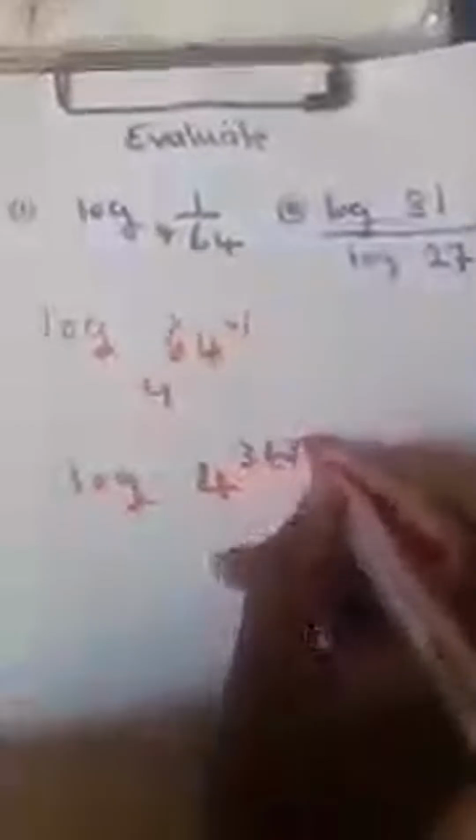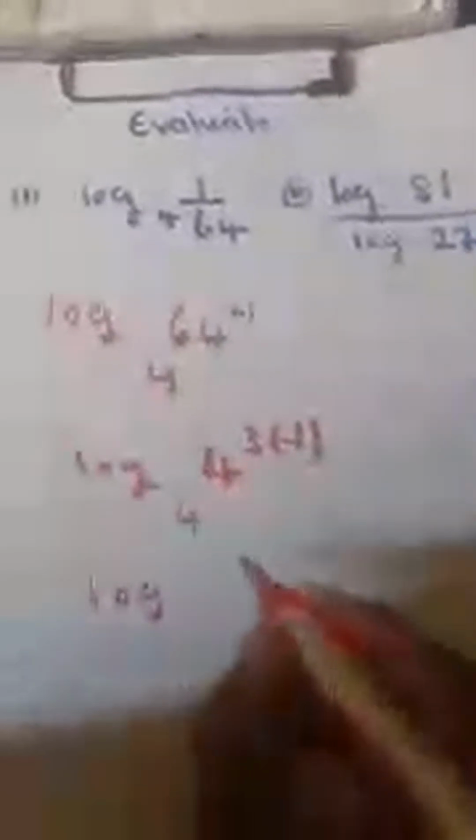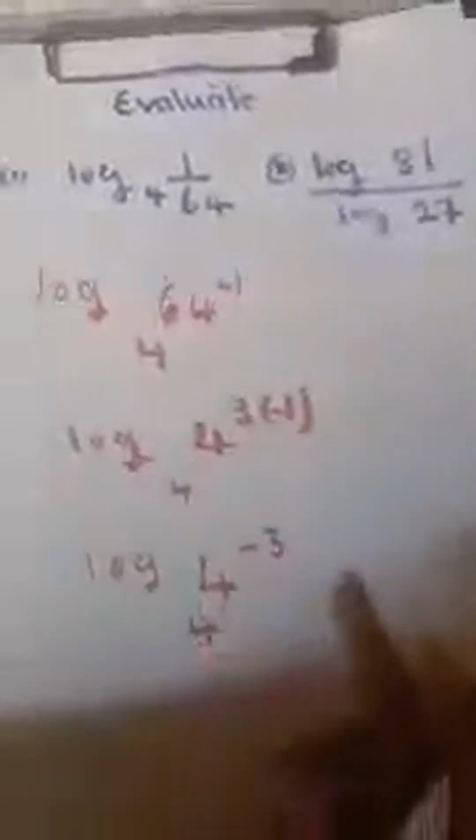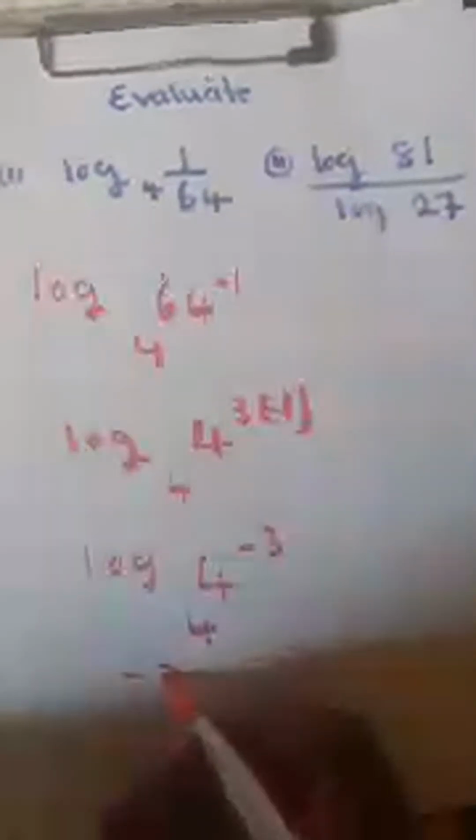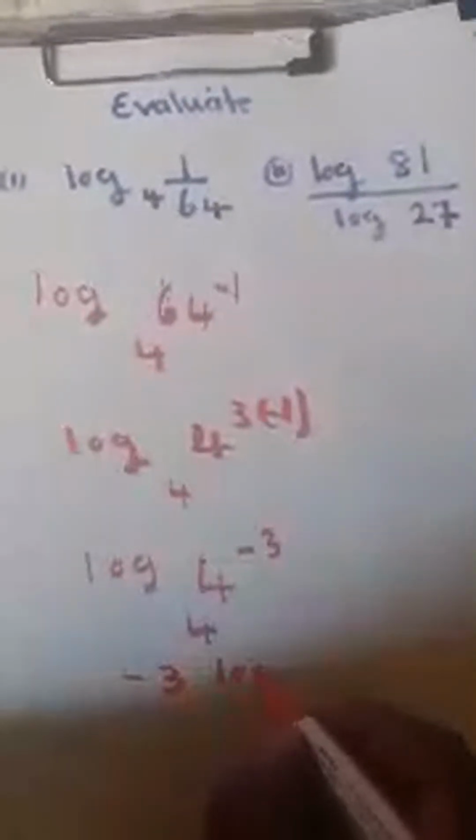So 64 is 4 to the power of 3 times negative 1. Base 4, and it will be log 4 times negative 1. Sorry, 3 times negative 1, we get 4 raised to the power of negative 3 base 4. So negative 3 to this side is now negative 3 log.